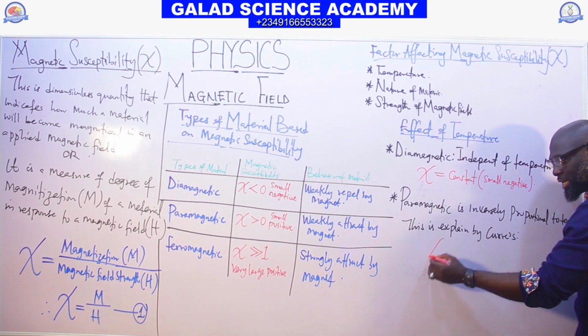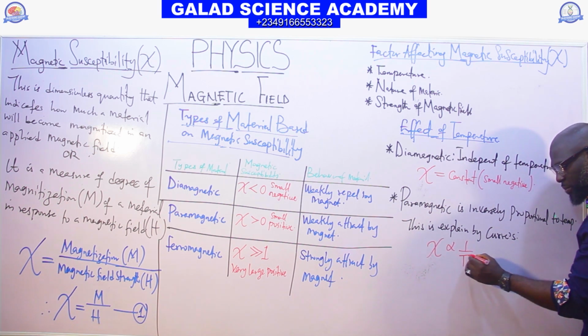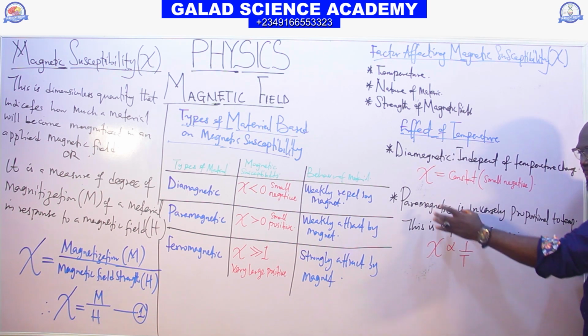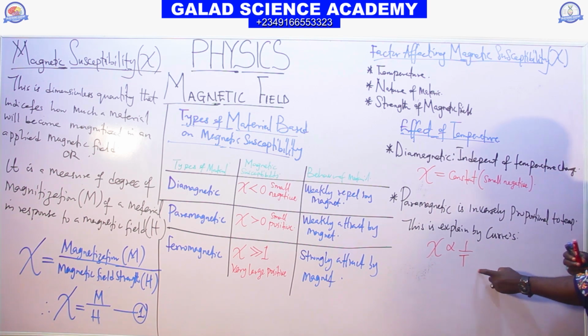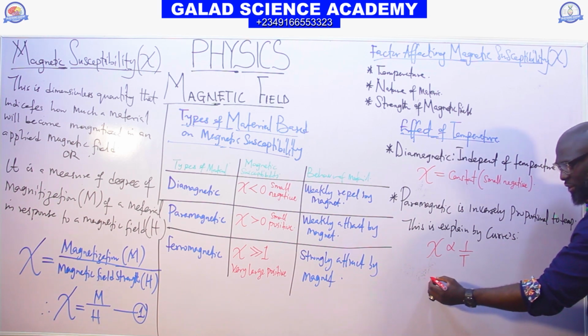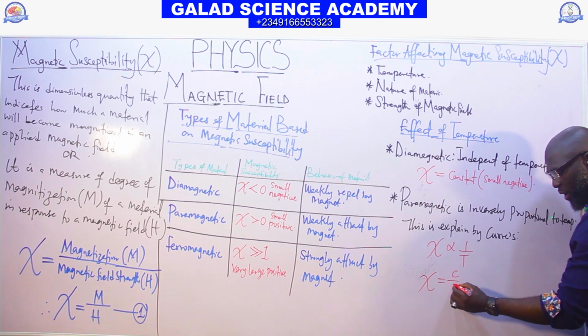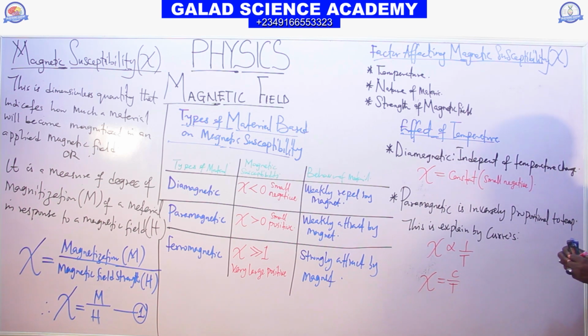That is, the magnetic susceptibility for paramagnetic material is the reciprocal of absolute temperature. We can write this as χ = C/T, where C is the Curie constant and T is the temperature.